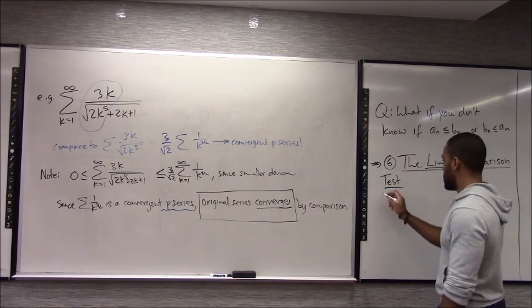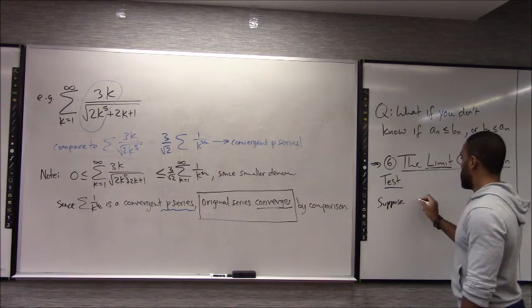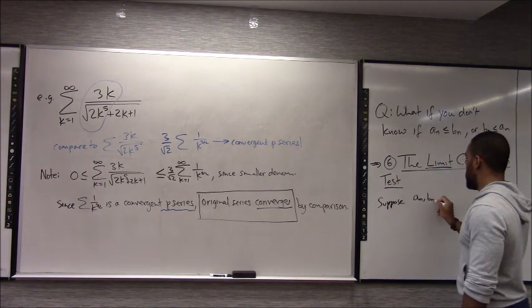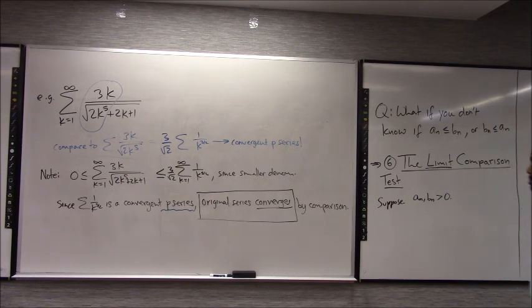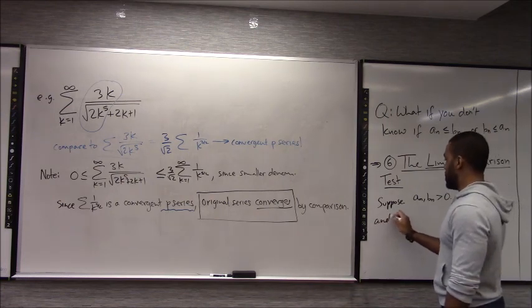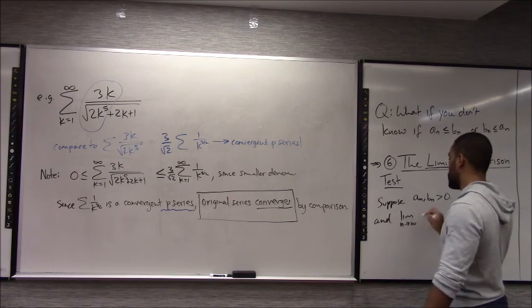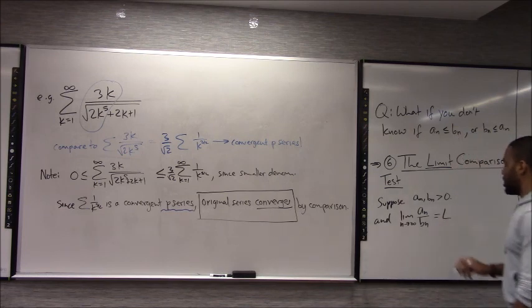Here is the test. Suppose your a_n and your b_n are positive numbers, and we take the limit, of course as n approaches infinity, of a_n divided by b_n equals L. Okay?